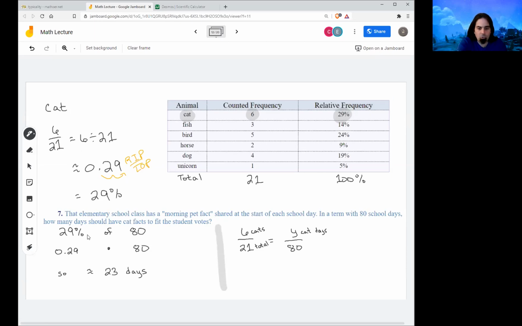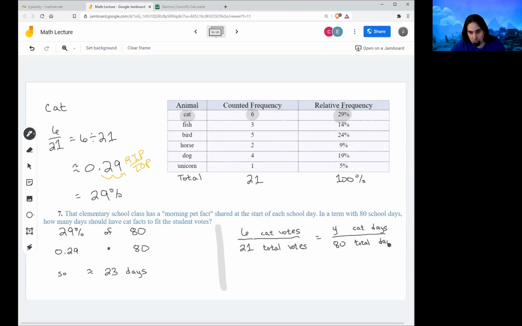Actually, let me start over and write this better. It's 6 cat votes out of 21 total votes would be, I'm not sure how many cat days out of 80 total days.